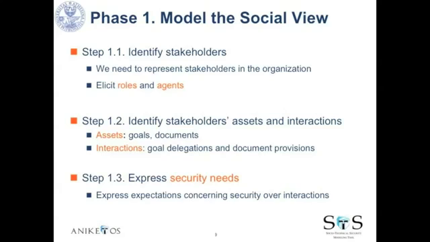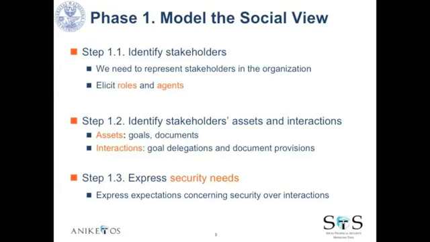Once you have captured who the stakeholders in your organizations are, it is important to capture what their assets are. Assets come in 2 forms: goals that are related to objectives that your stakeholders want to attain, and documents that are a representation of the information that they might possess or exchange with others. And a part of the assets, an important point, is that of interactions.